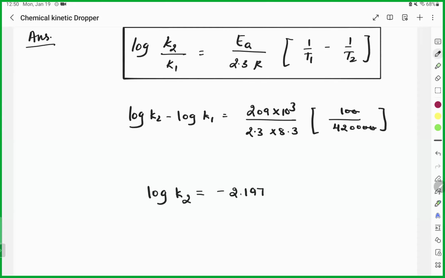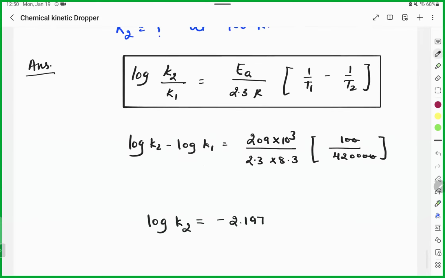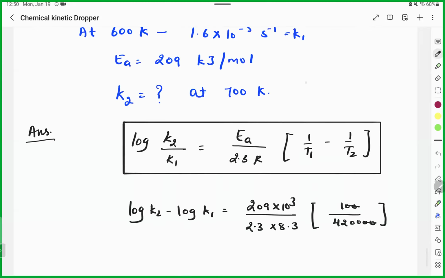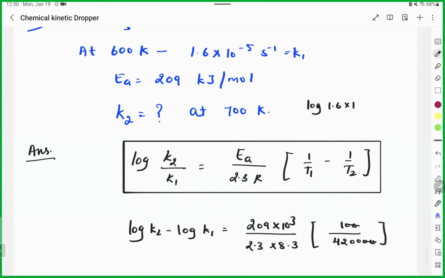Then you have to put the value of this. Do you know how to put this value of log? The K1 value was 1.6 into 10 raised to power minus 5. So what will be the value of this? This will be minus 5 plus log 1.6 value. It will be around, I guess, 0.2 something.